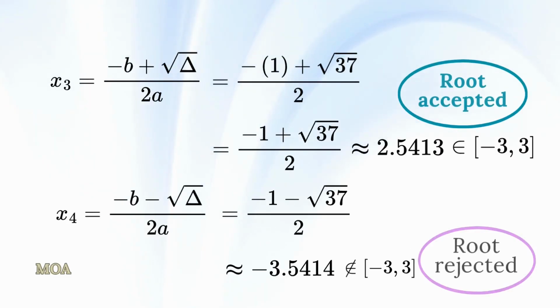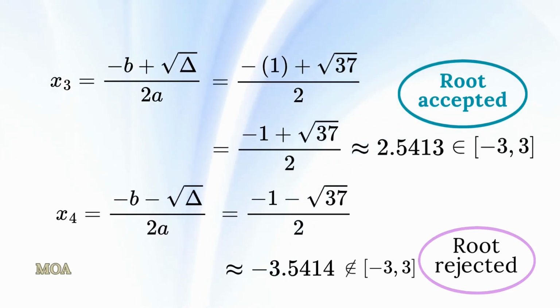Since the discriminant is positive, the equation has two real solutions. These solutions are x3 equals -1 plus the square root of 37, all divided by 2, and x4 equals -1 minus the square root of 37, all divided by 2. Now, let us check which of these values belongs to the domain of definition.